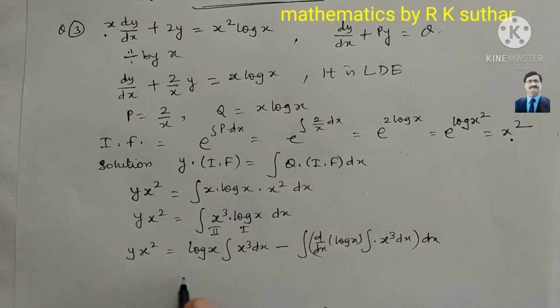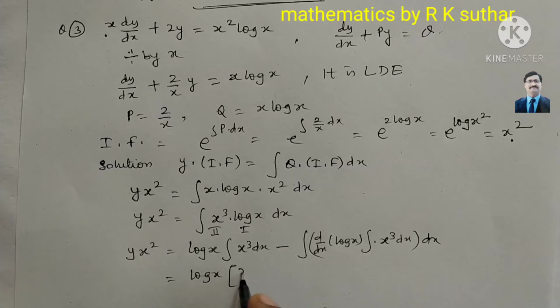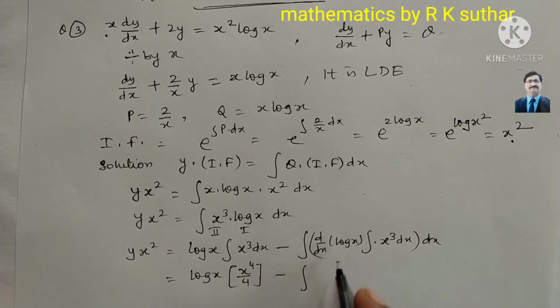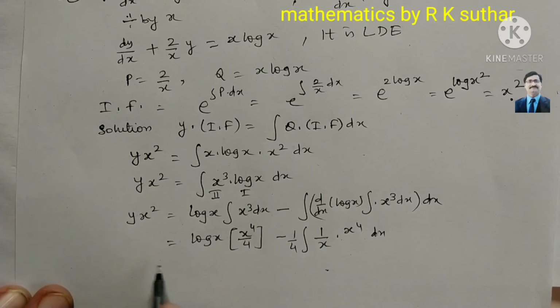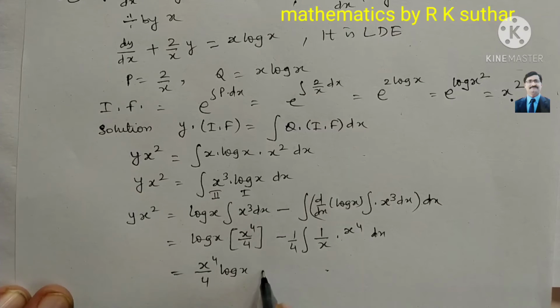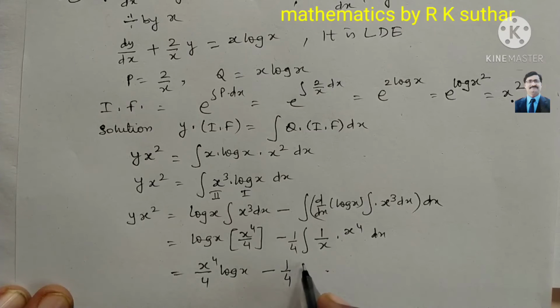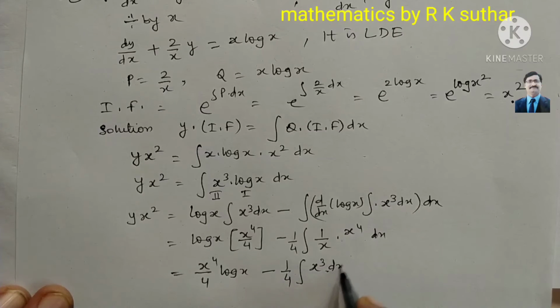So this will be log x, and the integral of x cube is x power 4 by 4, minus the differential of log x, which is 1 upon x, times x power 4 by 4, with 1 upon 4 outside, dx. This x cancels, so we get x power 4 upon 4 log x minus 1 upon 4 integral of x cube dx.